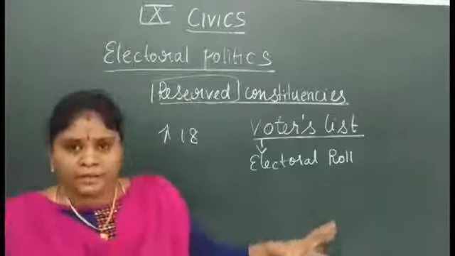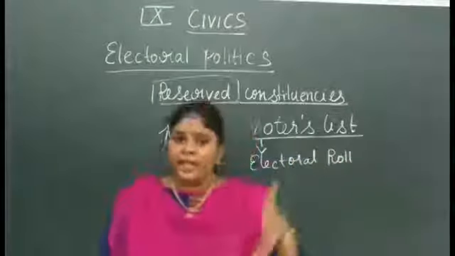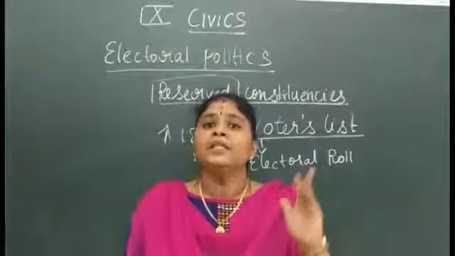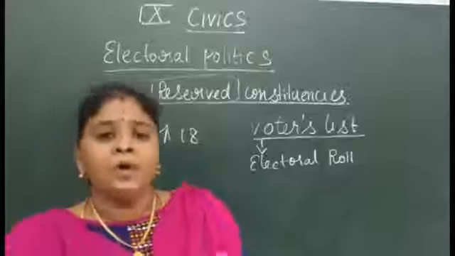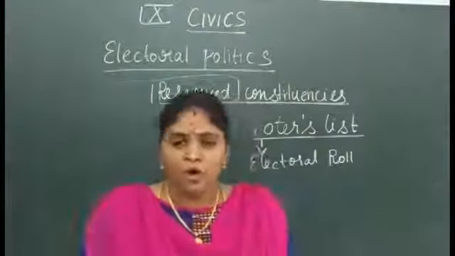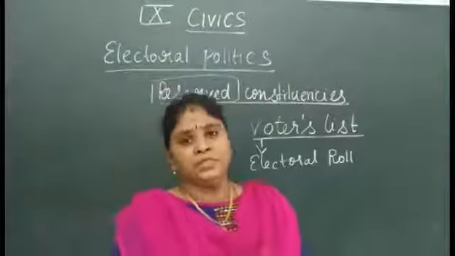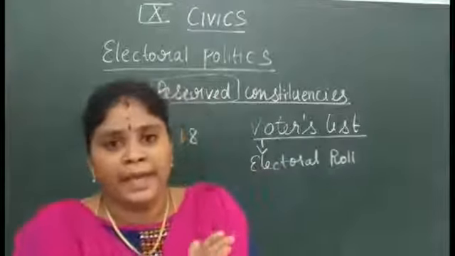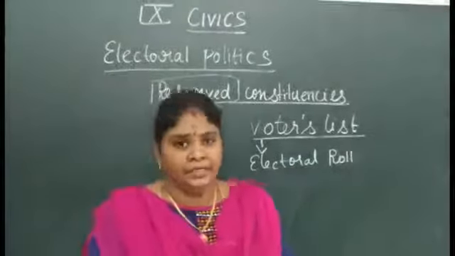Then those persons' names, addresses and other details, date of birth, which ward he belongs to and where he has to cast his vote, all these details will be printed.